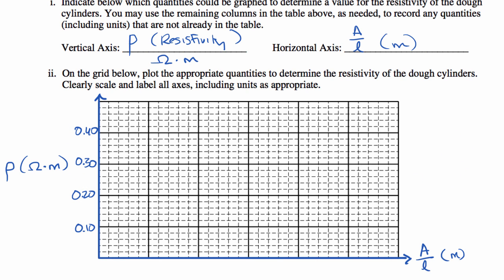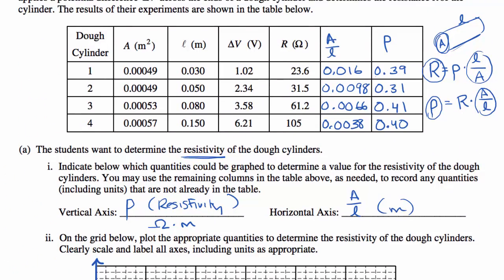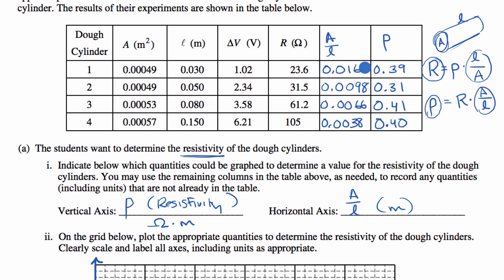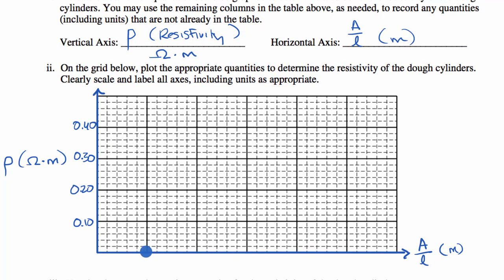And then for our area divided by length, let's see, if we view all of this in terms of 10 thousandths, we go between 38 10 thousandths all the way to 160 10 thousandths. So let's make this 50 10 thousandths, 0.0050.